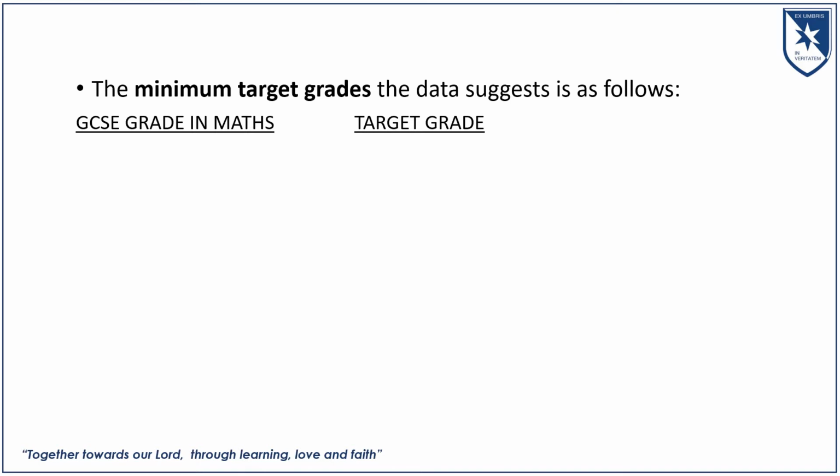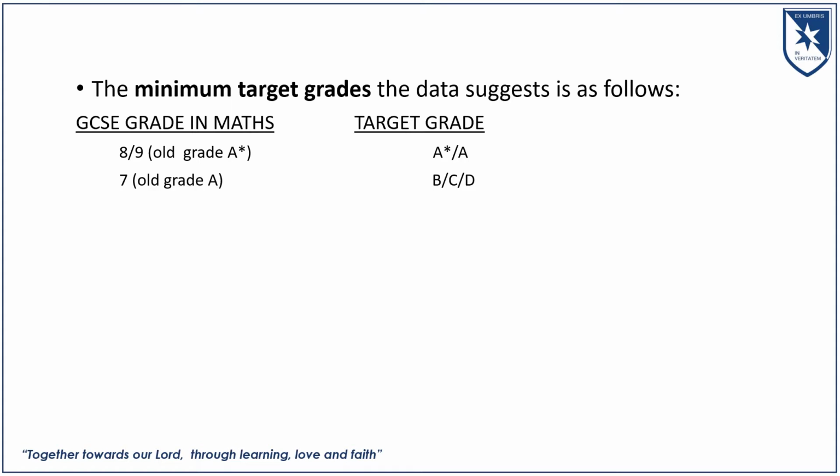So your GCSE grade that you achieve in maths this year compared to the target grade that you will be set for the end of year 2 at A level. If you achieve an 8 or 9, that's an old A star grade, then we would be expecting you to aim at a target grade of an A star or an A at A level.